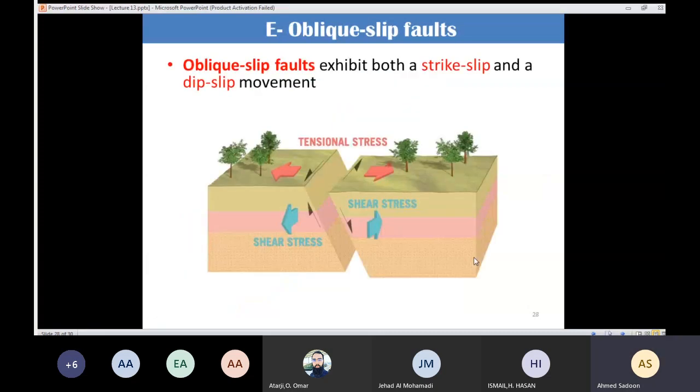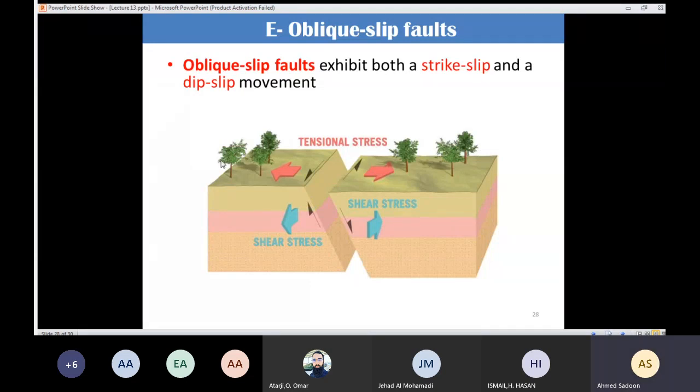The last type of the fault is the oblique slip fault. This one is very special because it exhibits both cases. You are going to have displacement in the strike direction, and also you are going to have displacement in the dip direction. So in the strike direction here, I'm going to have displacement, and in the dip direction here, I'm going to have displacement.